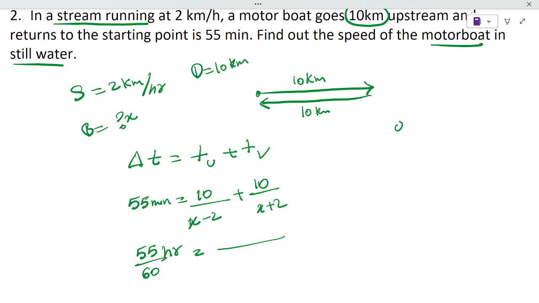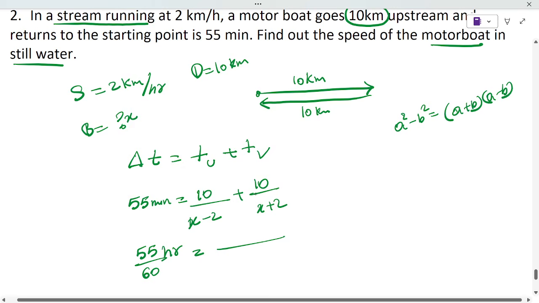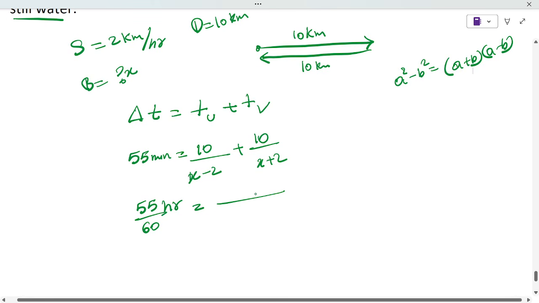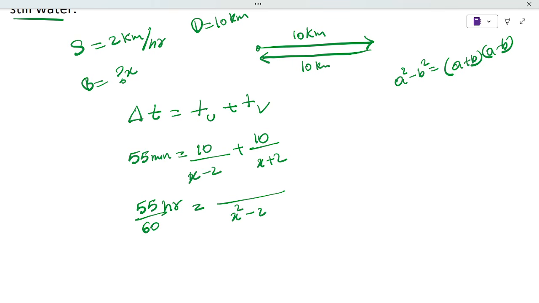Here we use the formula a square minus b square, which is a plus b, a minus b. So x minus 2, x plus 2 is similar to a plus b, a minus b. So we can use a square minus b square: x square minus 2 square. We are required to multiply 10 with x plus 2, and the other 10 with x minus 2. 55 by 60 is 11 by 12.